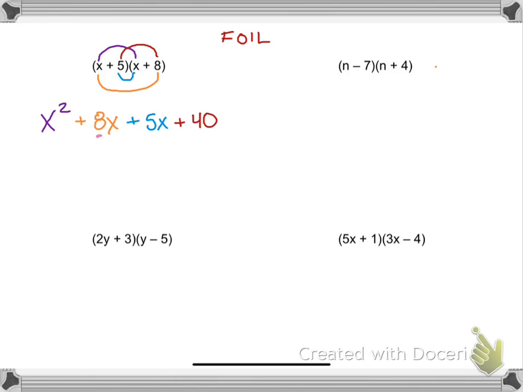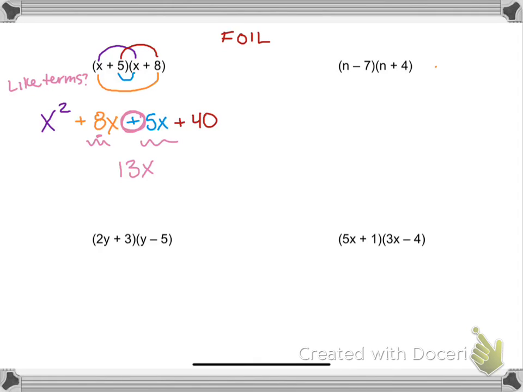Now, the very last step, I'm hoping that you notice something in this polynomial. In the middle, I have like terms, okay? I have 8x and 5x. Those are alike, so I can simplify this a little bit more. So I'm going to take 8x plus 5x, and that's going to give me 13x. This final step of combining like terms is going to be whatever this sign is.